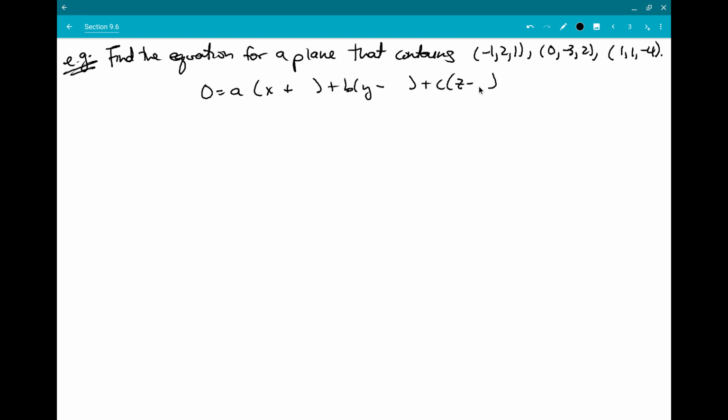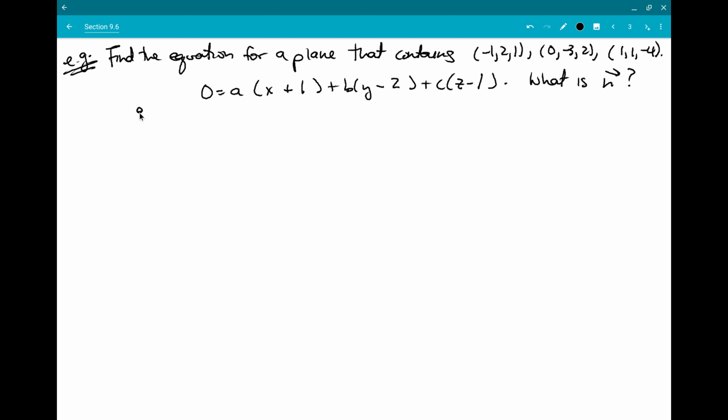I'm going to use this point right here, but really you could use any of them. Minus 1 is +1. Got -2. I've got -1. But nobody gave me n. Nobody gave me what those quantities a, b, c should be that define my plane. And so to find that, I have to use these other 2 points somehow.